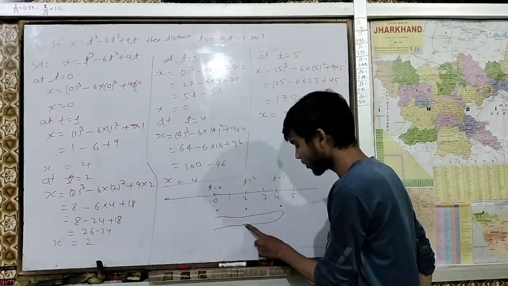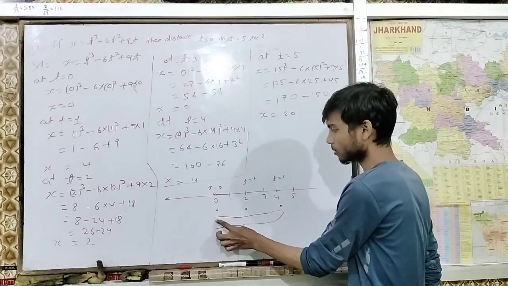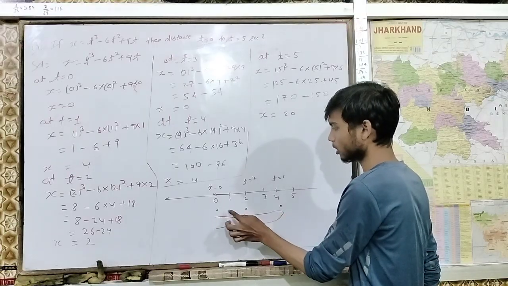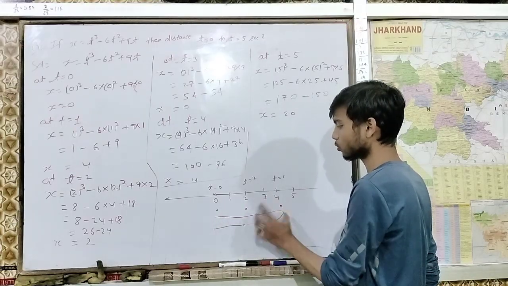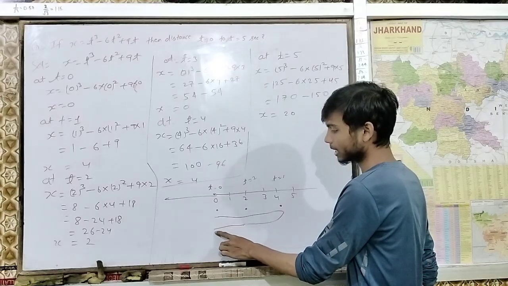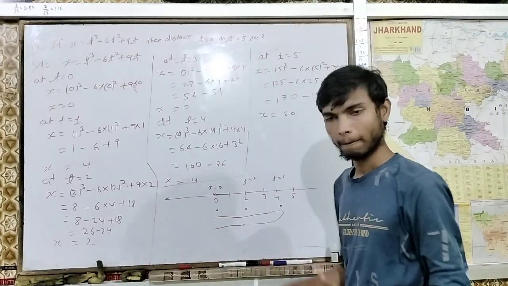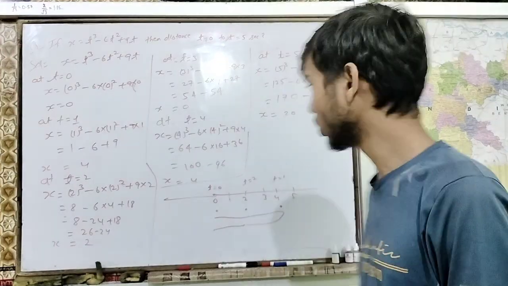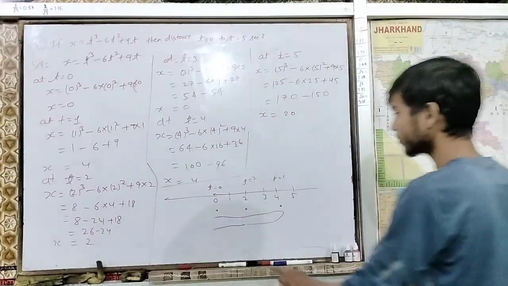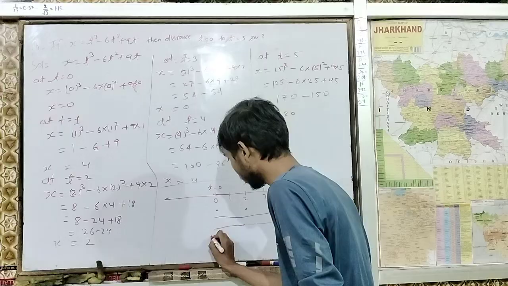But over here, this will not be the displacement. The displacement will be this and this, 1, 2, 3, 4. Displacement is 4. But when we take this whole part, then you observe that displacement becomes 0.